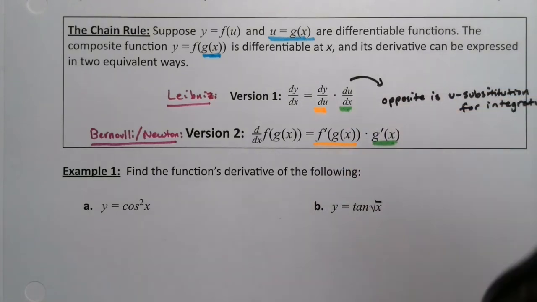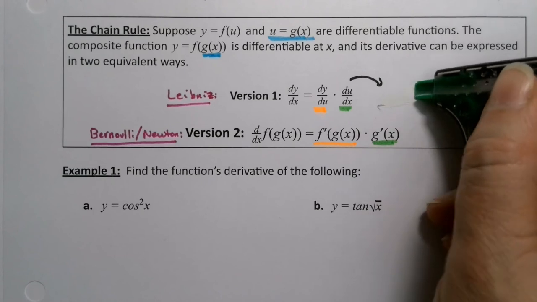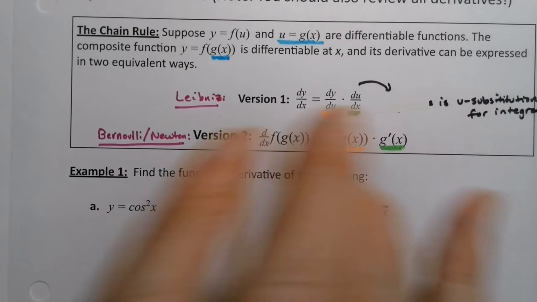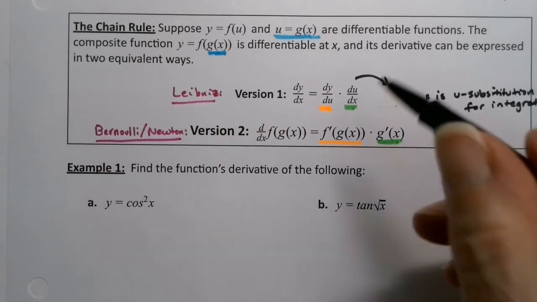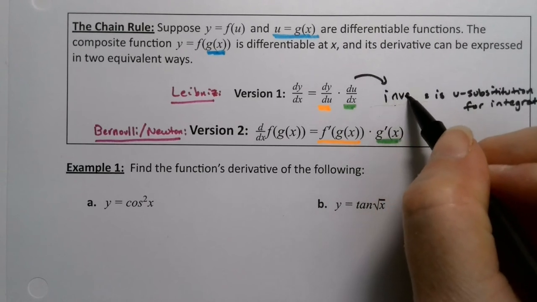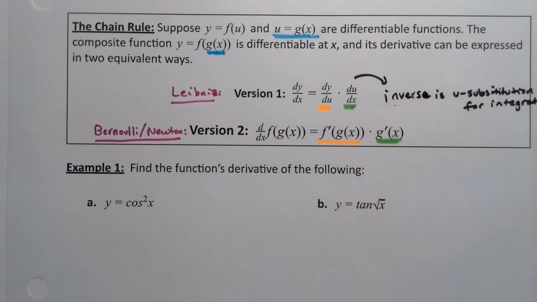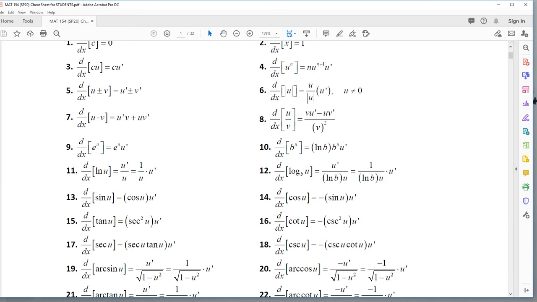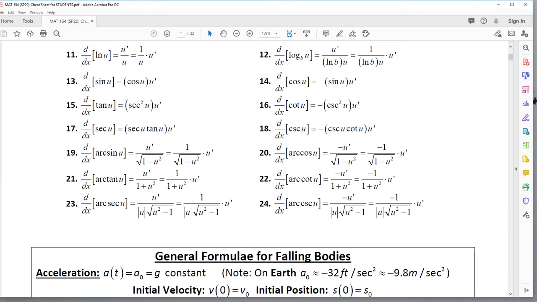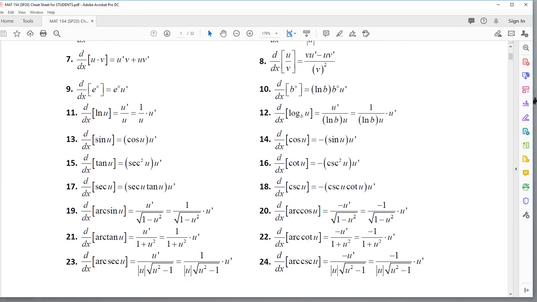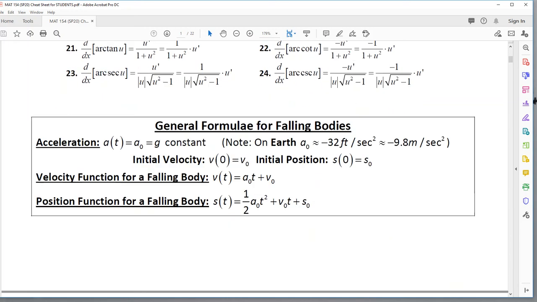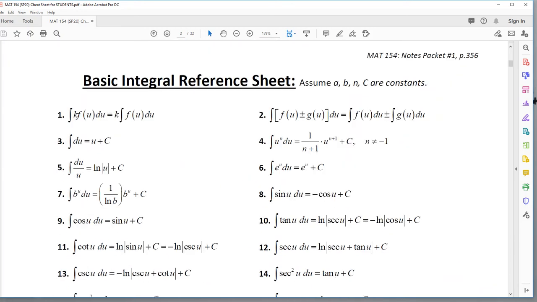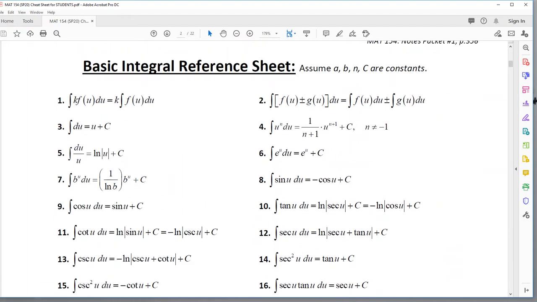So that's where the u is coming from. And that's why when you look at the list of all of the derivatives, they all use u. So if you look at your note sheet, they're all using sine of u and natural log of u, because they're assuming that you're using, of course, chain rule, right? But it also helps with its opposite, which is u substitution, which is why it uses u everywhere for the basic integral reference sheet.